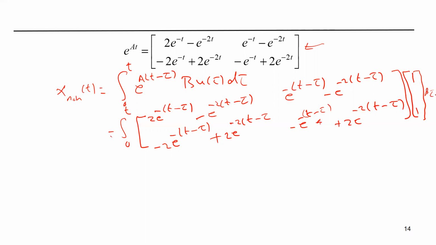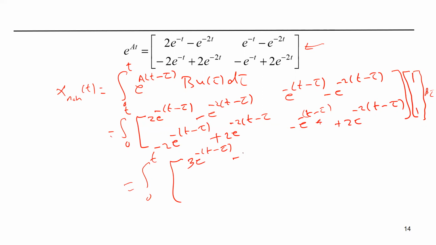Now, let me multiply. This is 1 and 1. I multiply this term by 1, this term by 1, and put them together. So it's the summation of the first row. If we do that, we are going to get 3 e to the minus (t minus tau).